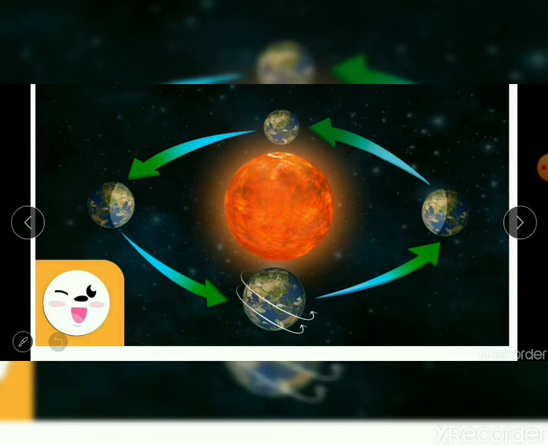Now, what does this revolution affect, and what is the effect of it? First of all, the earth takes 365 and 1/4 days, that is 1 year, to revolve around the sun. Now what is this about 1/4? We are going to see about it.